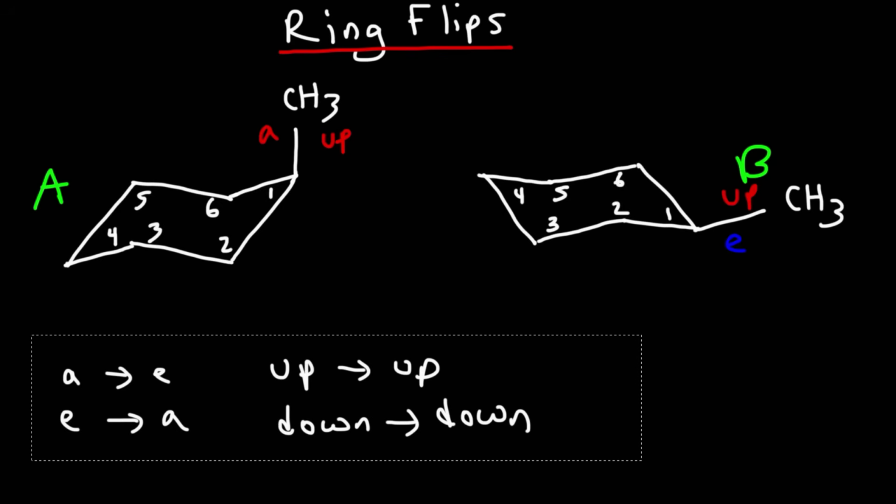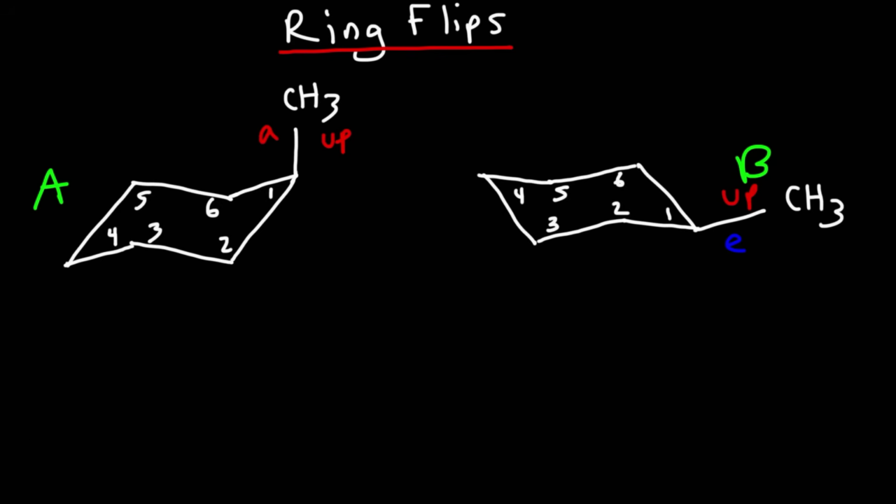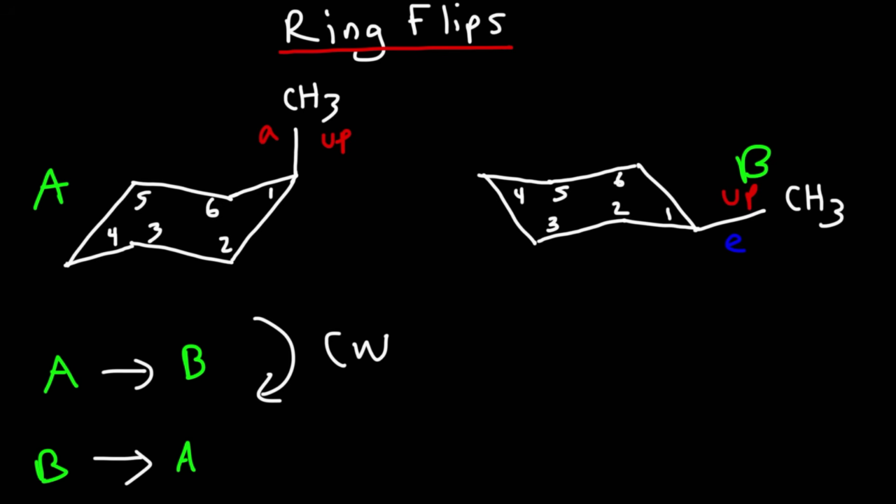Now just to recap, if you're going from form A to form B, just remember these numbers, you need to move them in the clockwise direction. And if you're going from, let's say, form B to form A, then these numbers get moved in the counterclockwise direction. So be mindful of which form you're starting from.